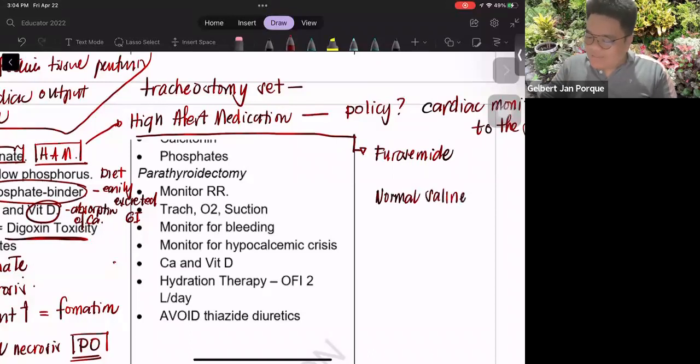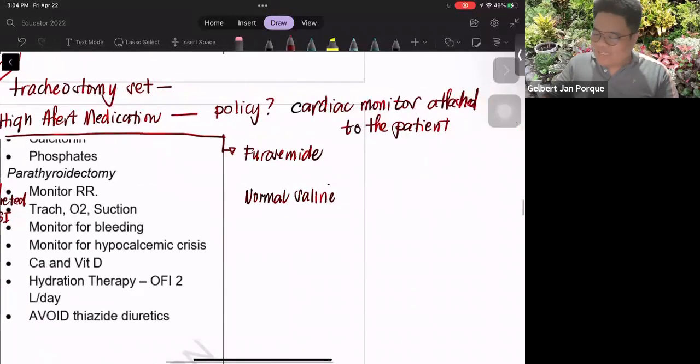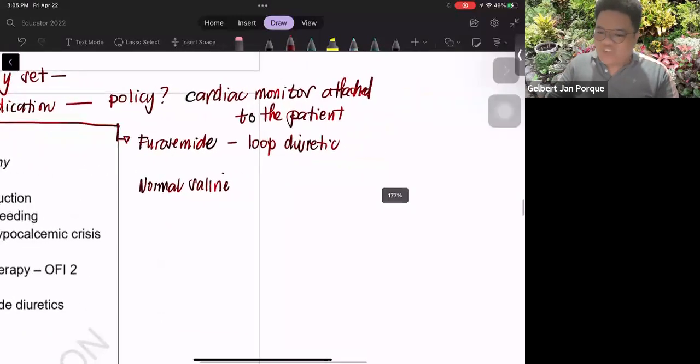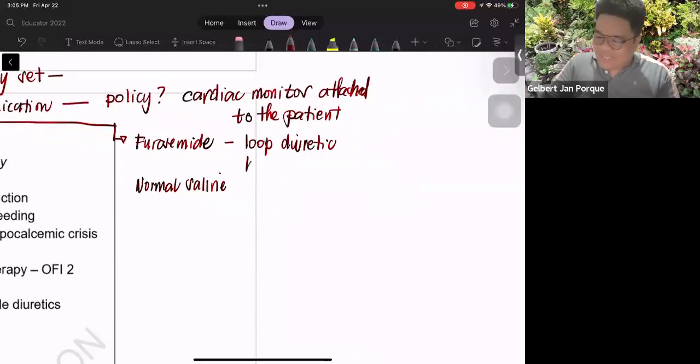Now, class, what type of diuretic is furosemide? Loop diuretic. Specifically, another classification in terms of potassium: potassium wasting diuretic.